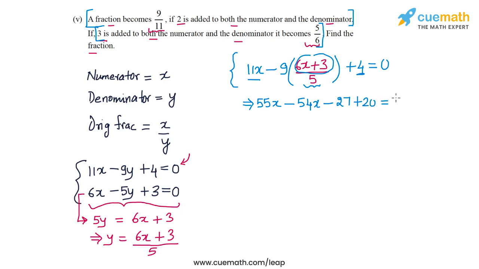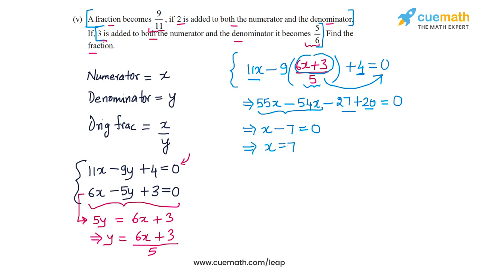So this is equal to 0. I've also multiplied by 5 on the right side and the RHS remains 0. So 55x minus 54x is x, and minus 27 plus 20 is minus 7, so x minus 7 is equal to 0, which means that x is equal to 7.